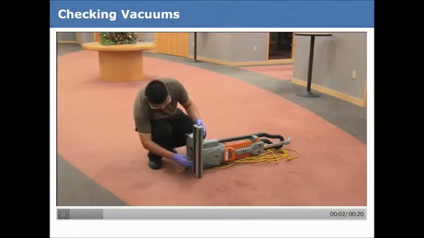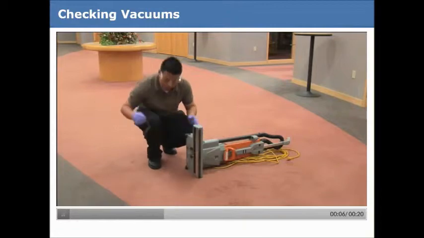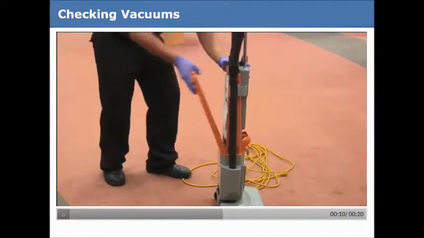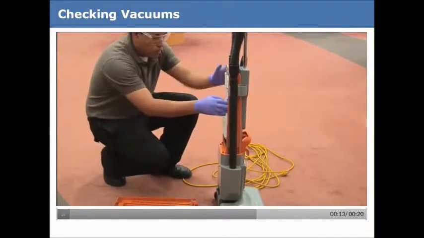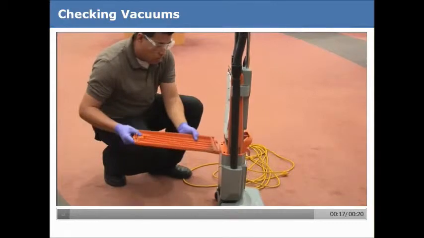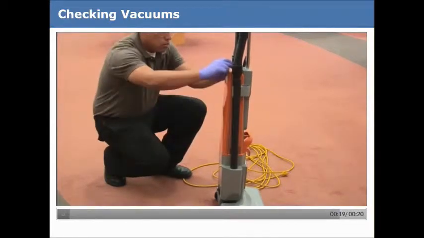If using an upright vacuum, remove any obstruction that may have wrapped around the beater bar. Also, with either an upright or canister vacuum, always check the fullness of the bag. Replace any vacuum bag once it becomes 2/3 full to help maintain equipment performance.